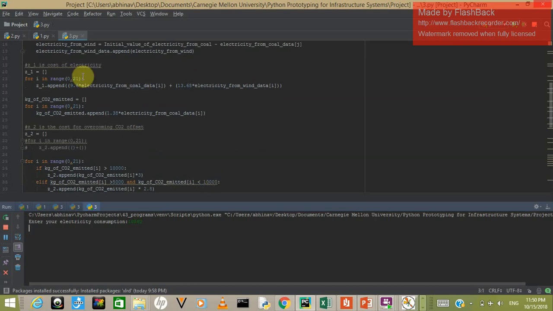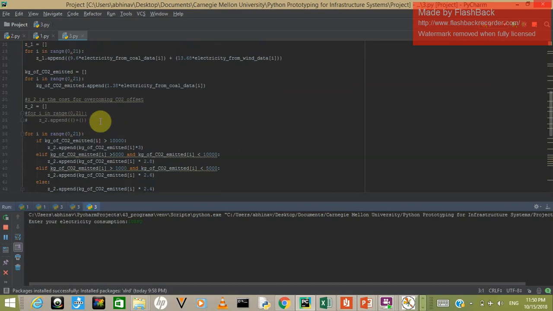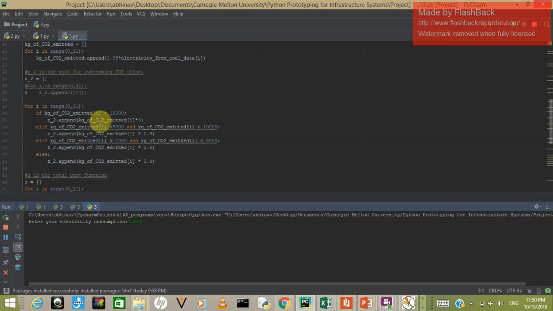In this case, we get Z1, which is a cost function, and this increases as we go from coal to renewables. In the other case, it's Z2, which is CO2 emissions. This decreases as we go from coal to renewable.